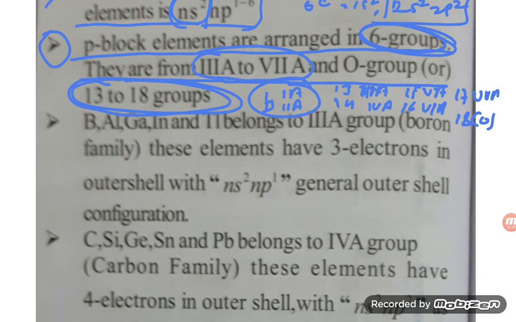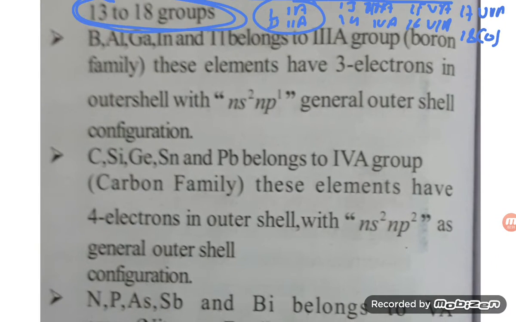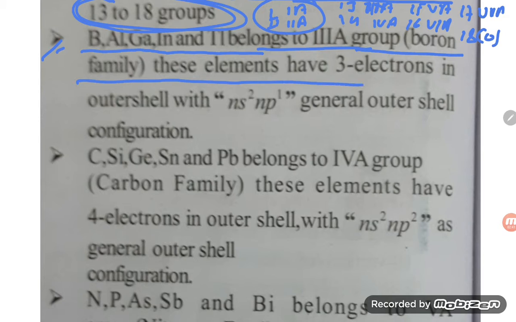Next point. Boron, aluminium, gallium, indium and thallium belong to the 3A group, the boron family. These elements have 3 electrons in the outermost shell, with general outer shell configuration ns2 np1. So the boron family is boron, aluminium, gallium, indium and thallium.